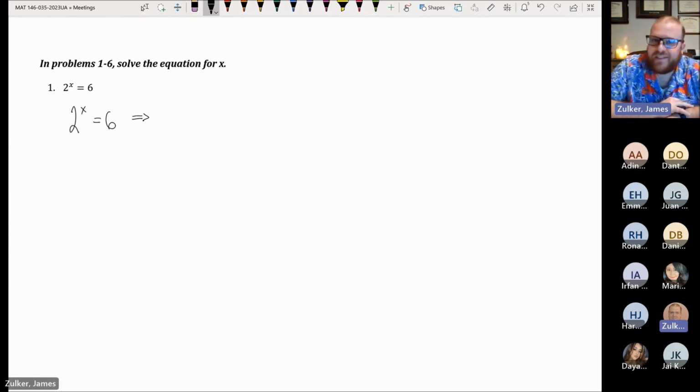Specifically, isn't this an equation in exponential form? So why don't we write it in logarithmic form? What would this equation be in logarithmic form?